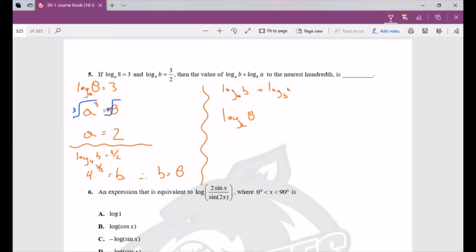This becomes log 8 base 2 plus logarithm of 2 base 8. This first one is just 3, because 2 to what exponent is 8? 3. A little trickier is 8 to what exponent is 2?